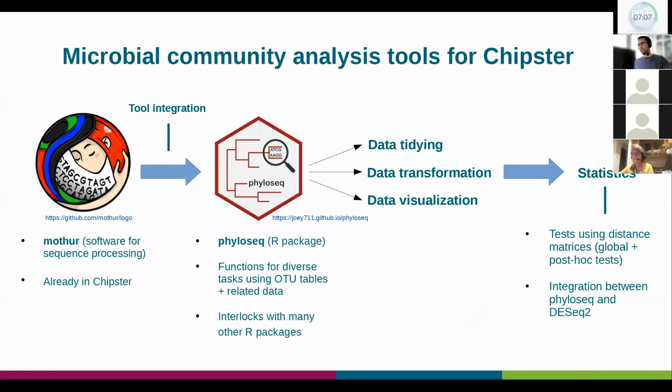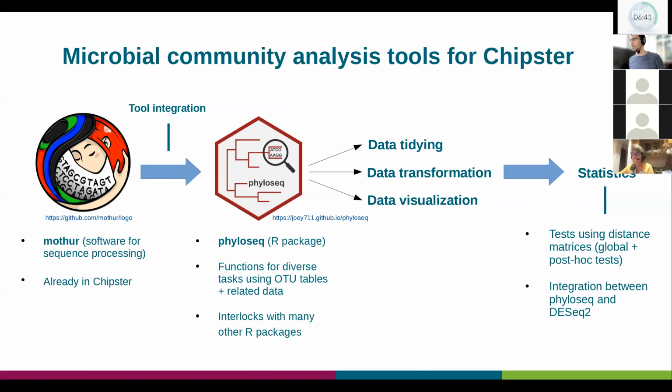So we do the data pre-processing using mothur software, which is well-established software for working with these types of data. That was already in Chipster, but then we've integrated data produced with the phyloseq R package and also a number of other R packages that make it possible then to do some further sample processing.